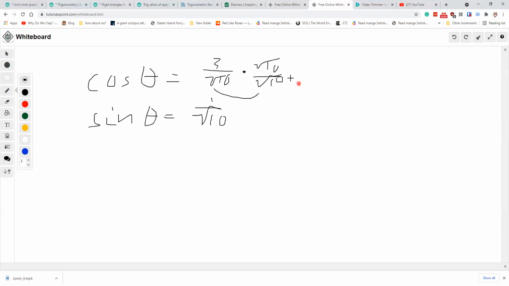So 3 divided by root 10 is equal to 3 root 10 over 10. And this is the fraction with a rationalized denominator.